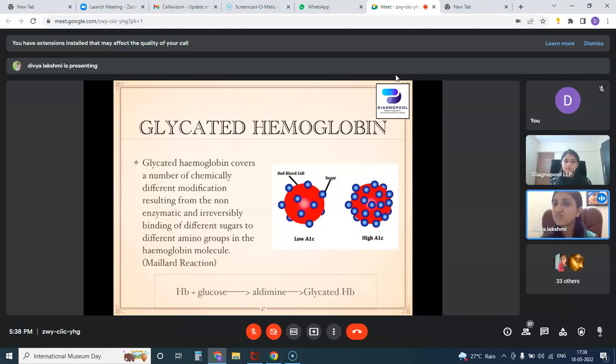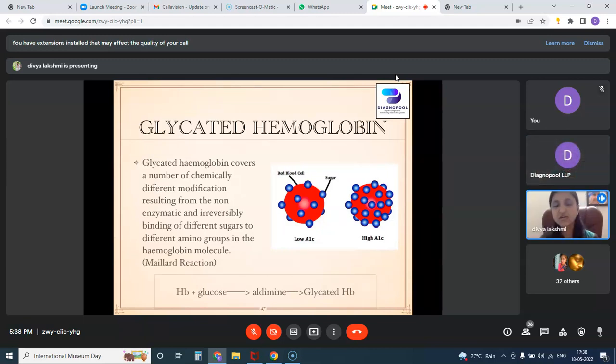What happens is when glucose enters the body, some amount of glucose will combine with the hemoglobin and it is called glycated hemoglobin. Once glycated hemoglobin is formed, it will stay in the RBCs for 120 days. That is the lifespan of RBC, 120 days. As long as the RBC is there, that glycated hemoglobin will be there. So we can assess the average blood sugar retrospectively. That is, we can go backwards and detect.